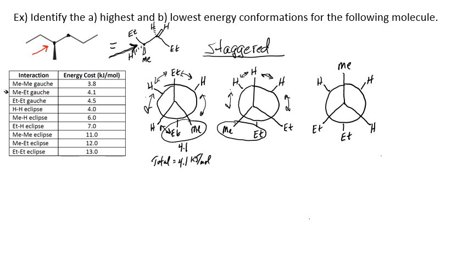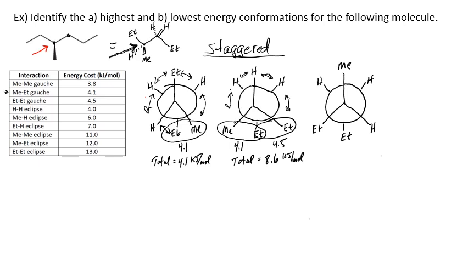So my ethyl-methyl gauche is 4.1, and the ethyl-ethyl gauche is 4.5, which gives me a total for this conformation of 8.6 kilojoules per mole.